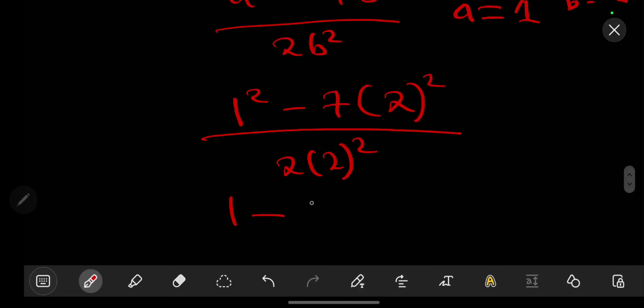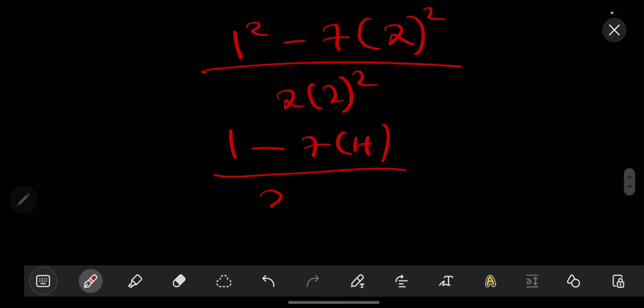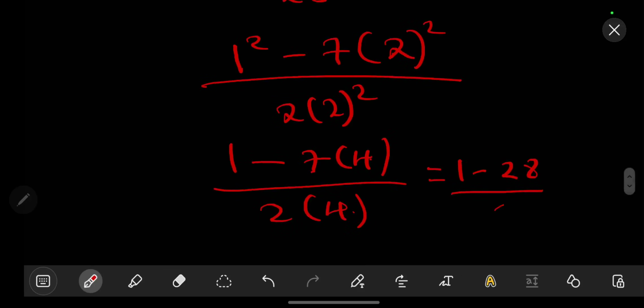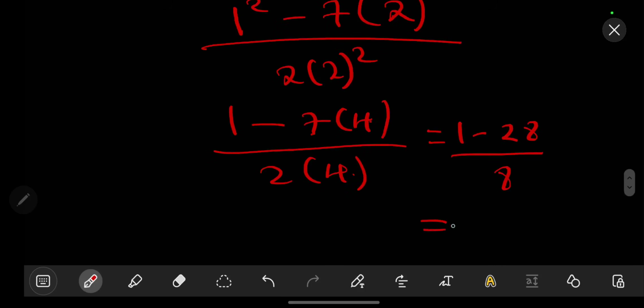Then we have 1 minus 7 by 4, which is 28, over 2 by 4, which is 8. So we find that the value it gives us is 27 over 8.